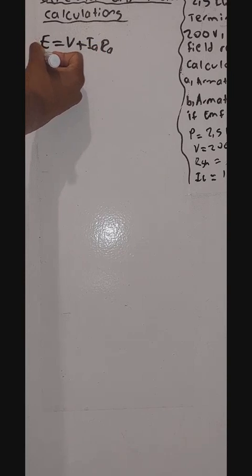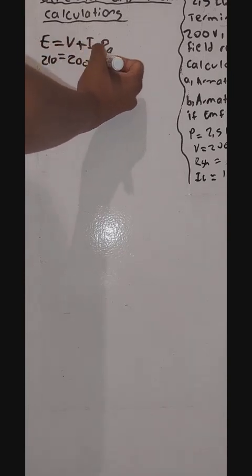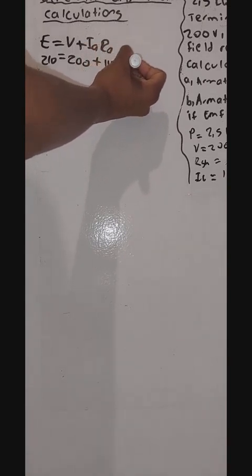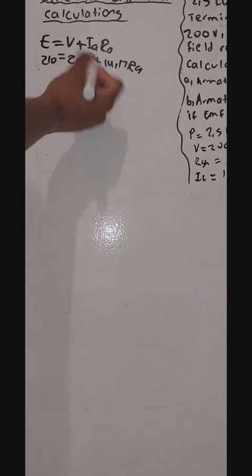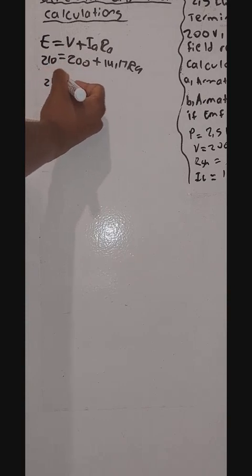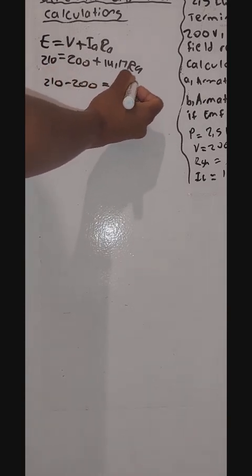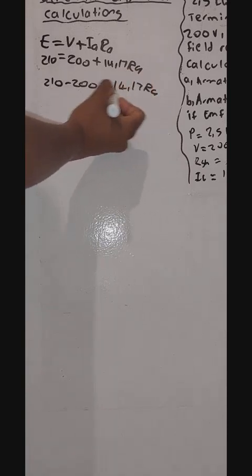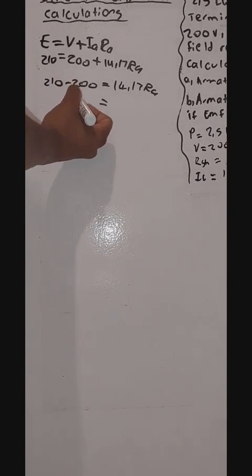Yes, we were given E. They said it was 210 voltage, 200 plus IA, which we just got to be 14,17 RA. So we take 200 this side, right? 210 minus 200 is equal to 14,17 RA, right? So what is the answer here? It's 10. 210 minus 200 is 10, right?